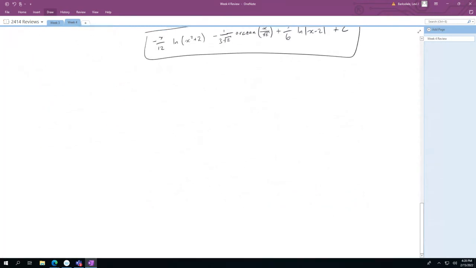All right. Now, last thing we're going to talk about as far as partial fractions go is what if the numerator has a higher multiplicity than the denominator, or a higher degree?